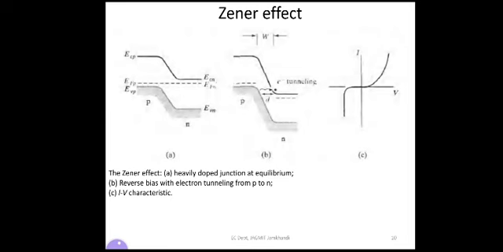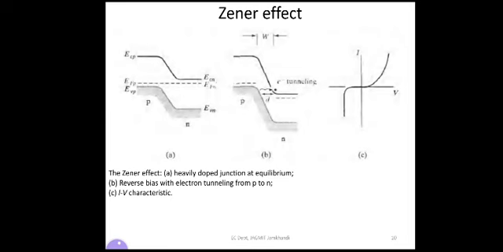Remember, the Zener effect takes place in a heavily doped junction. When a heavily doped junction is reverse biased, the N side conduction band appears opposite the P side valence band. See figure B. The right side is the N side and the left side is the P side.